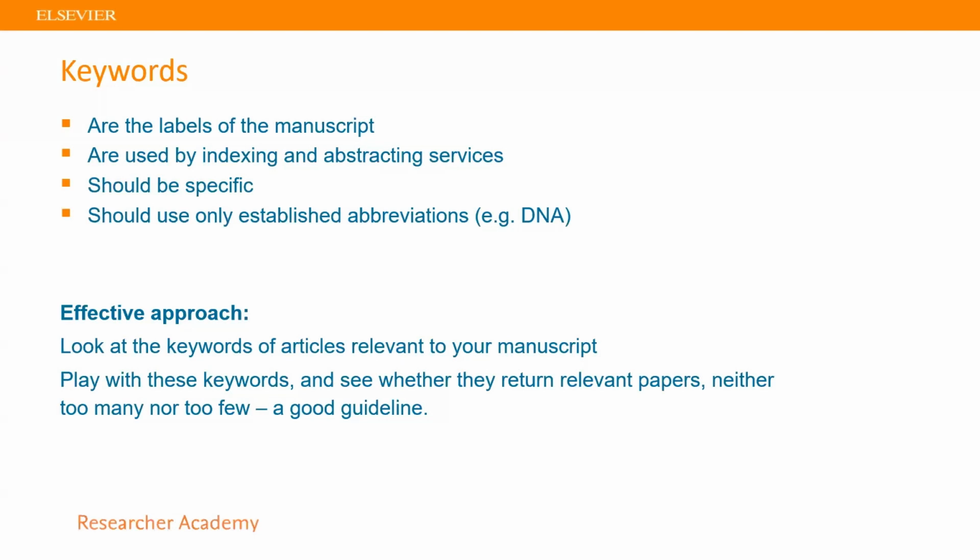Only use abbreviations that are firmly established, and obviously in my case it's DNA, RNA, and so forth that nobody has to think about, but rarely use abbreviations. An effective approach is to look at the keywords of other articles.